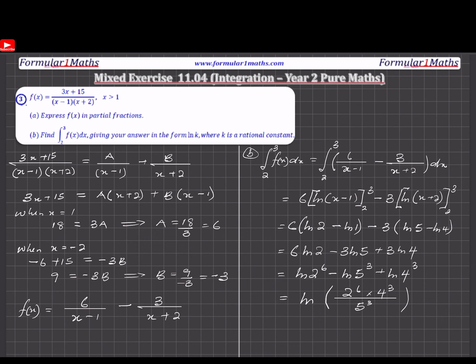Then if I evaluate this, I'm going to get ln brackets 4096 over 125. And this is the answer required. And this brings us to the end of the session on integration, mixed exercise 11.04.